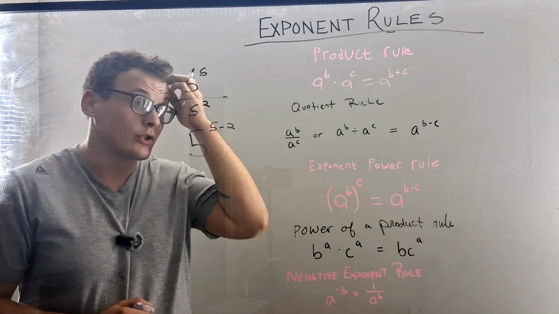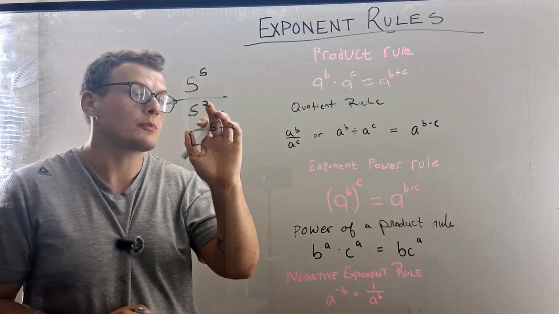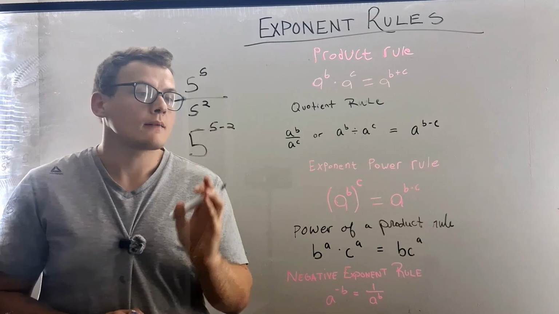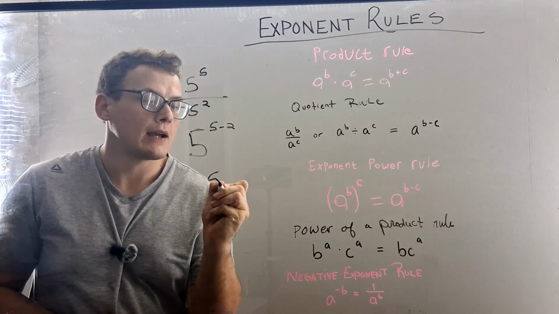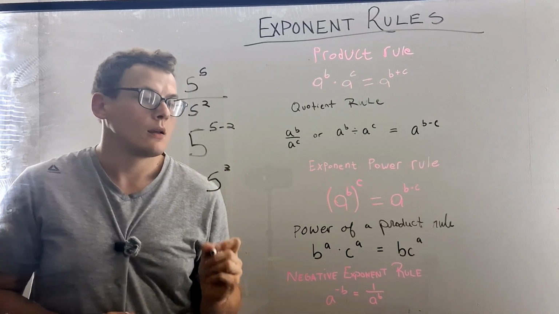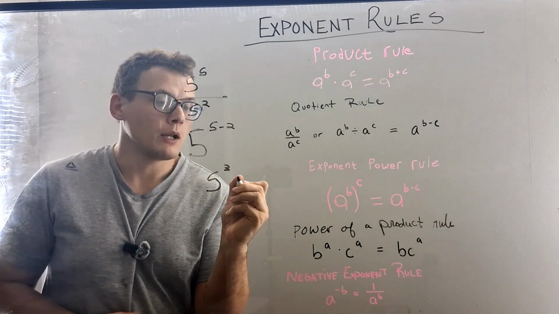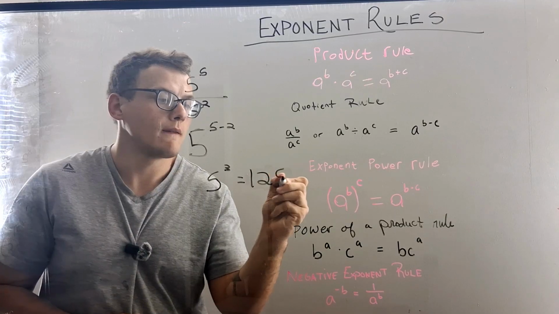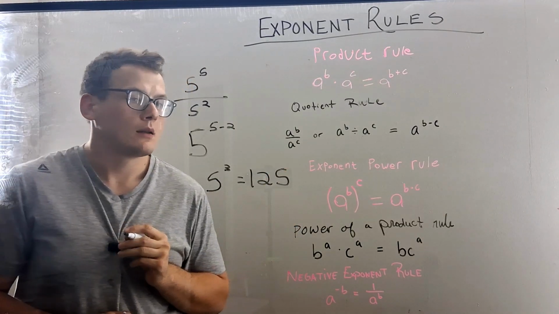Okay, so we're subtracting the denominator's exponent from the numerator's exponent. So when we see that, 5 minus 2 is 5 to the third, which, knowing that it's repeated multiplication, we know equals 125. Okay?